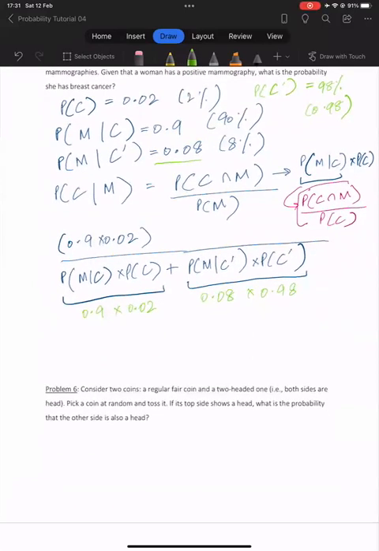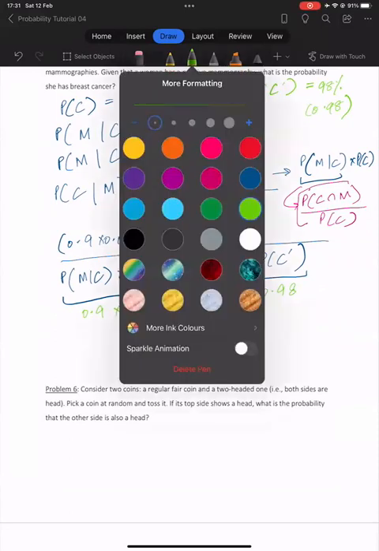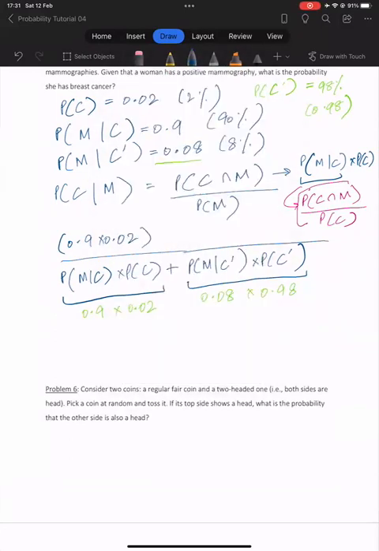And when we solve for this, we'll get the answer, which should come out to be 0.186722.